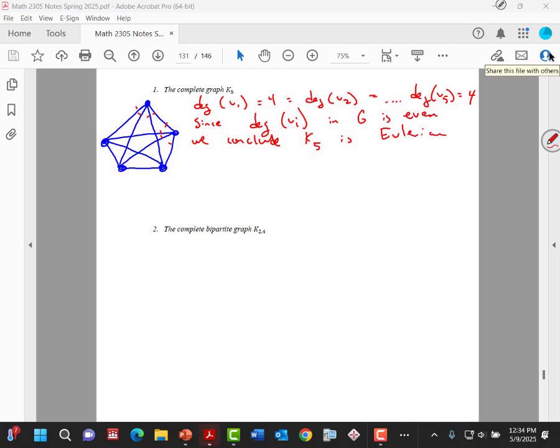So that simply means that there's an Eulerian circuit. So I'm going to attempt to draw this graph and use each edge once and only once, starting and stopping at the same point.